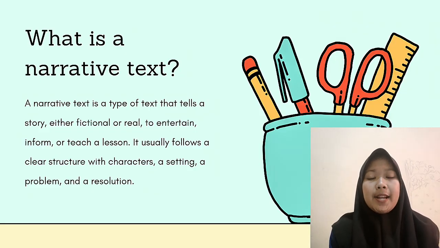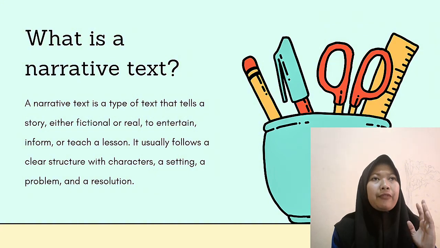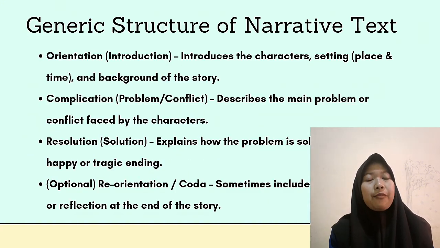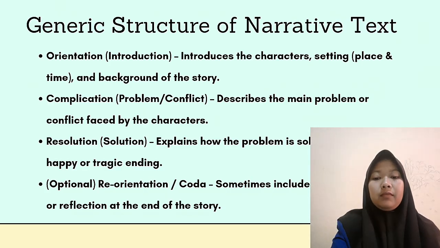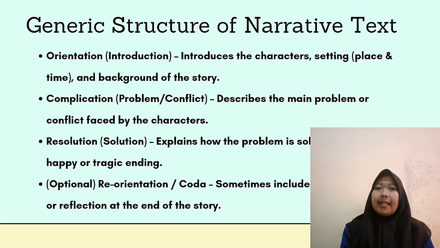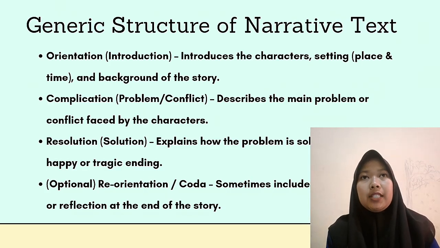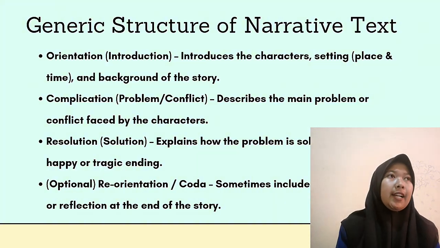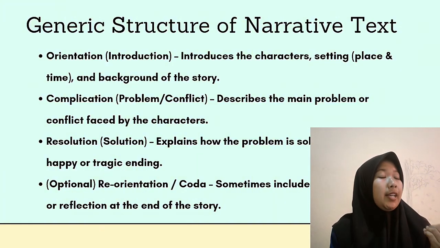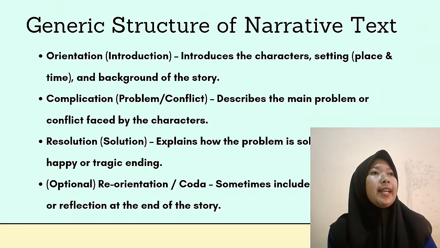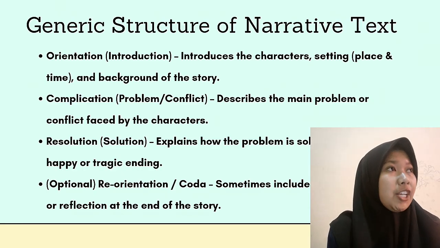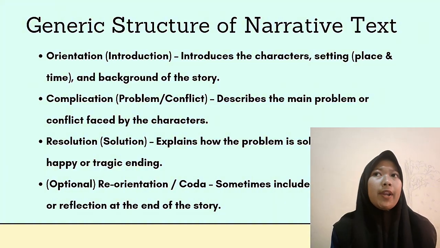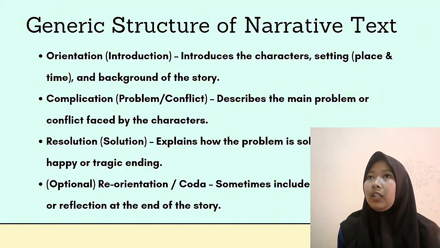Okay, now we learn about the legend as a narrative text, the story of Malin Kundang. Narrative texts have a generic structure. There are 4 generic structures in narrative text. The first one is orientation. Do you know what is orientation?